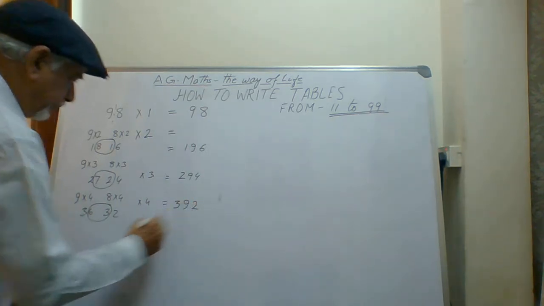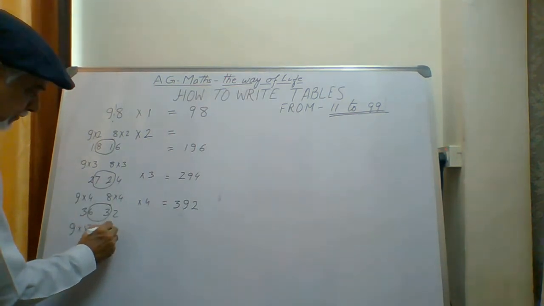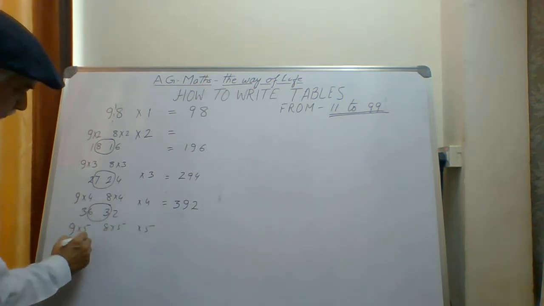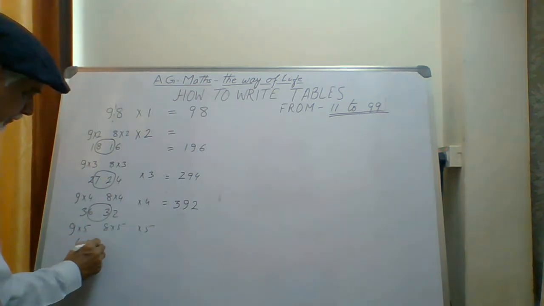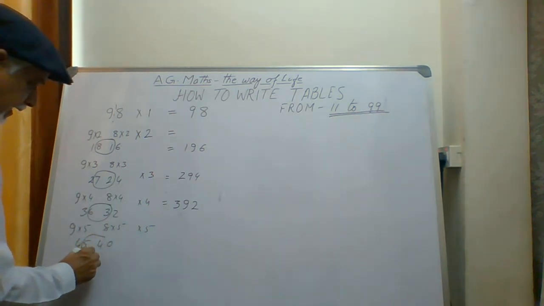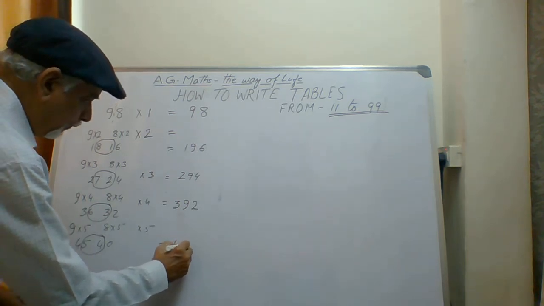So 392. Then 9 5 45, 8 5 40, that is the fifth multiple. Then again add these two and write the result as 490.